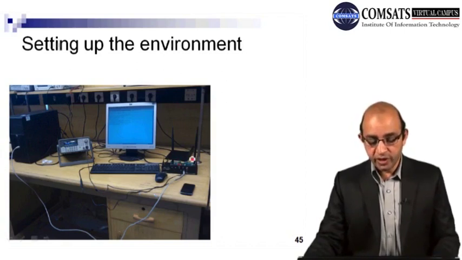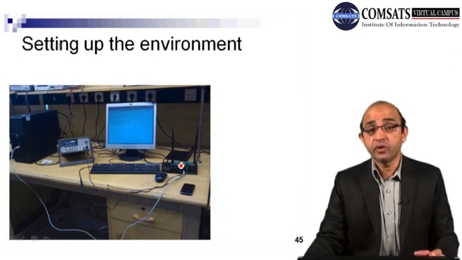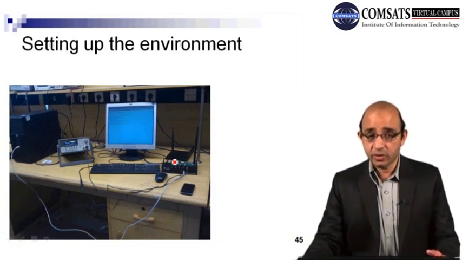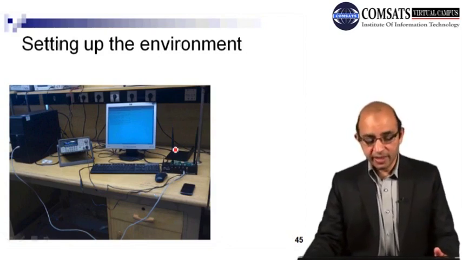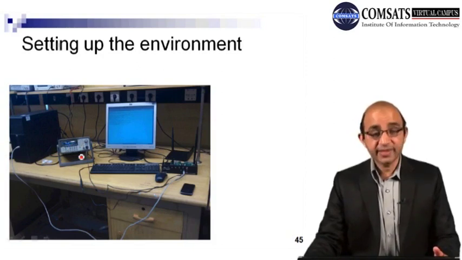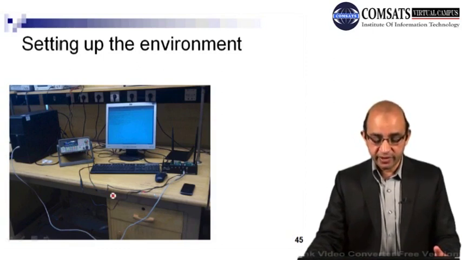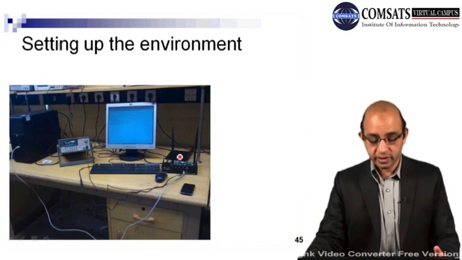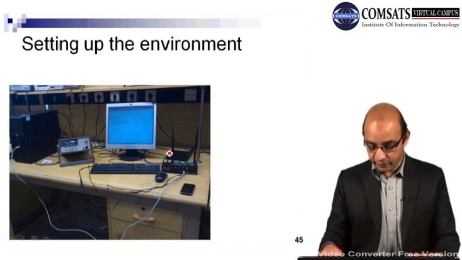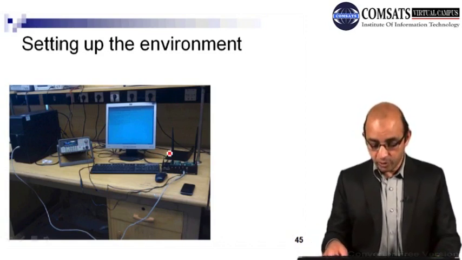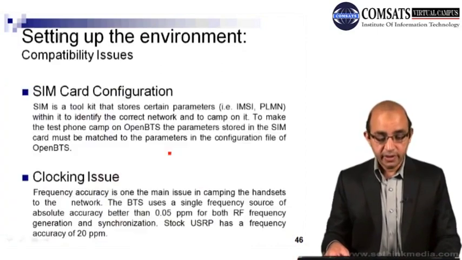So what we did over here, we dismantled its internal clock, the USRP kit's internal clock that was not accurate, and then we generated an accurate signal of 52 megahertz by using this function generator, and then we inserted this signal as a clock into this USRP kit, and in this way we have overcome the problem of clock accuracy, right.